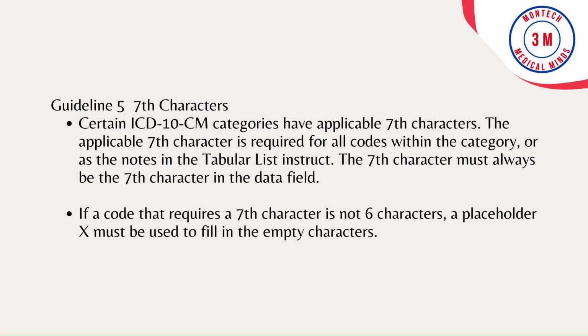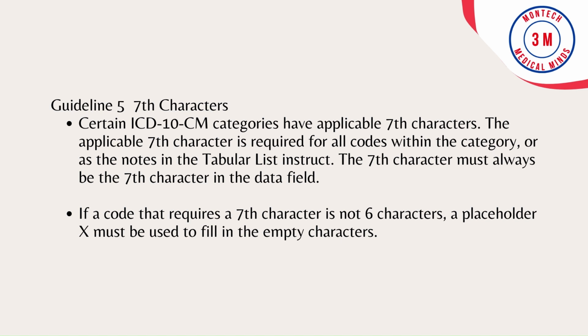Guideline 5, 7th characters. Certain ICD-10-CM categories have applicable 7th characters. The applicable 7th character is required for all codes within the category, or as the notes in the tabular list instruct. The 7th character must always be the 7th character in the data field.